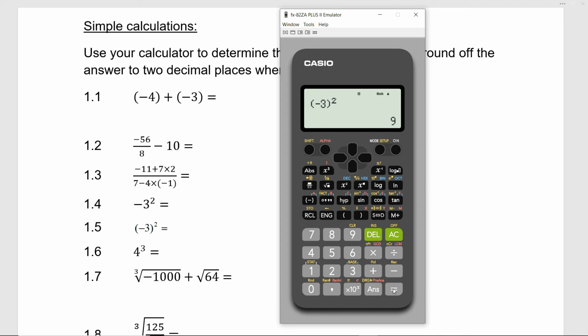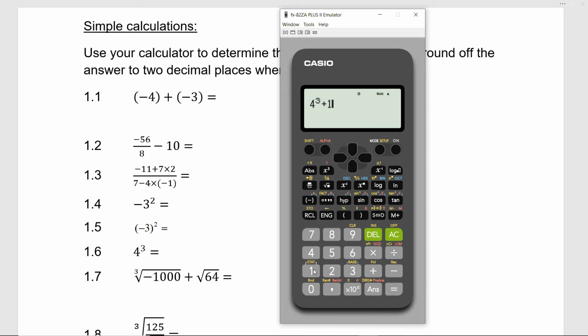So 1.4 and 1.5 are really common errors. Okay, then 4 to the power of 3, it needs to be given not the squared button, but the x to the power of block button. Okay, and then you can fill that in. Again, if you were going to do something else with that, you'd need to get out of it. So say I was going to say 4 to the 3 plus 1.